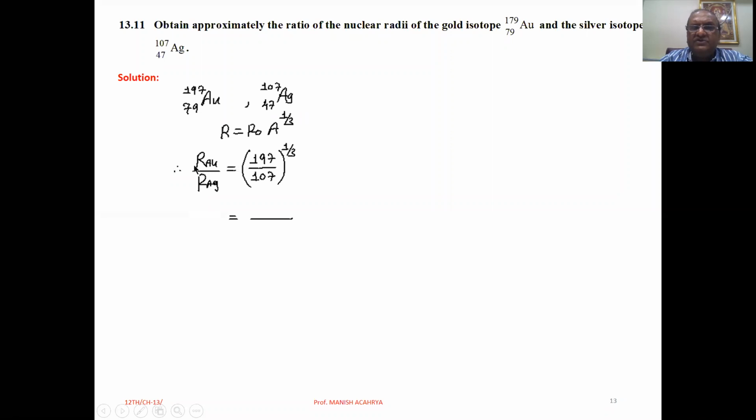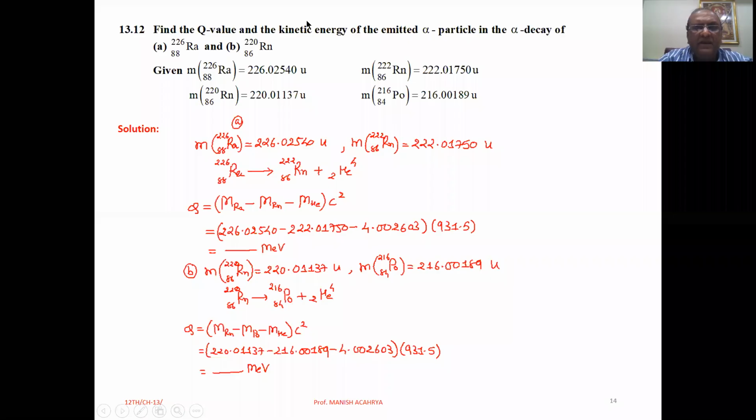So the ratio of the radii of Au to Ag is equal to A of Au upon A of Ag, where A of Au is 197 and A of Ag is 107, this whole raised to 1/3. Solve it, you will get the answer. Clear to all of you?